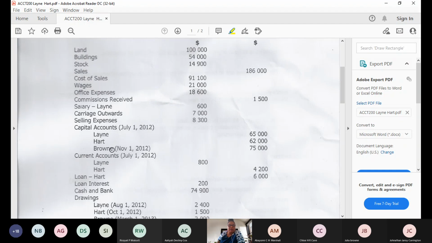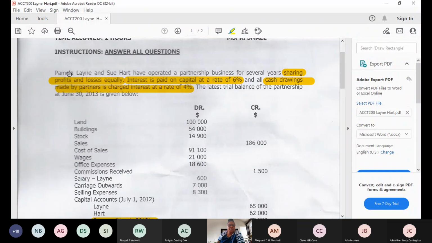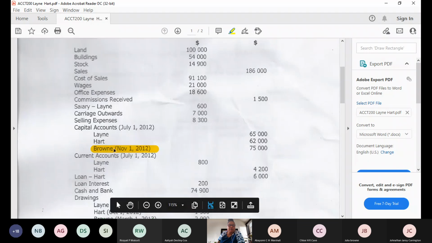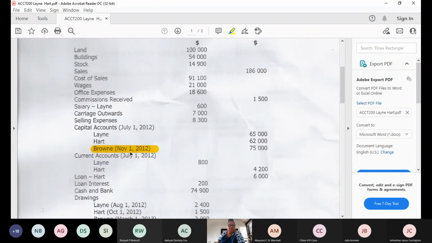That means they are bringing in a new person, admitting a partner, because the two partners originally are Lynn and Hart. Brown came into the partnership sometime during the year, and they have here November 1st, so he's bringing his capital.